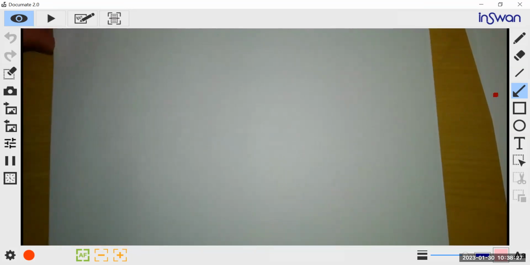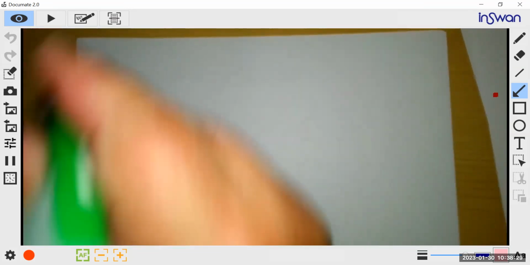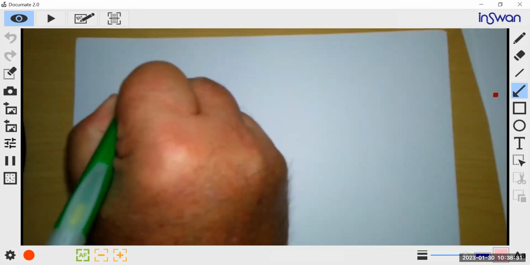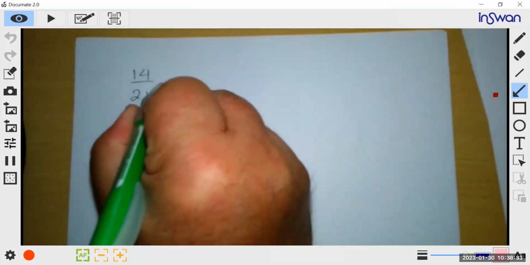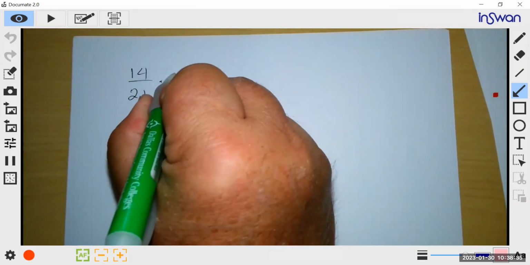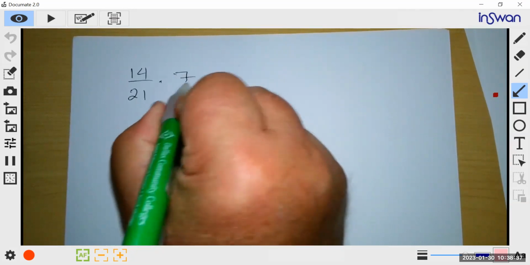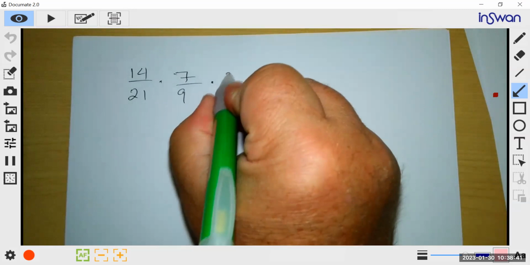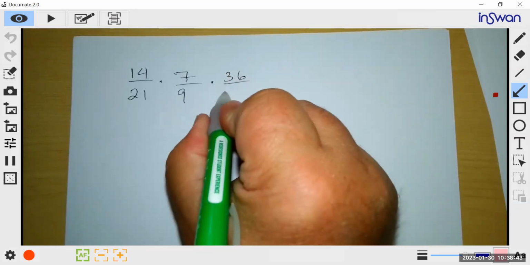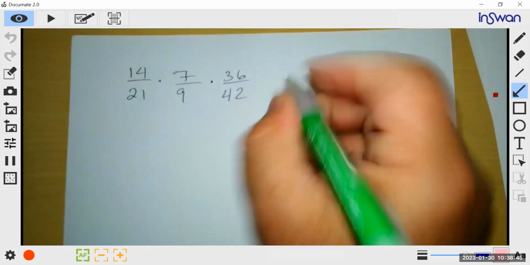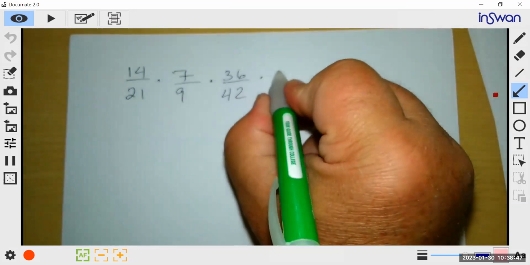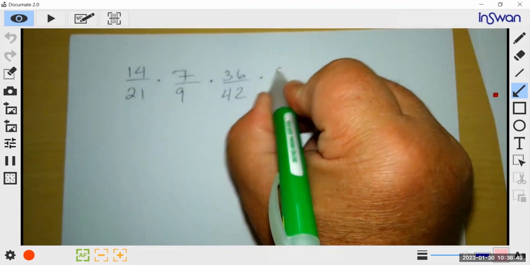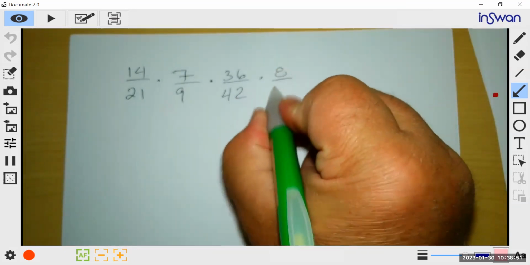Let's see here. Let's put a whole bunch of numbers together here. 14 over 21, 7 over 9, 36 over 42, and 8 over 12.